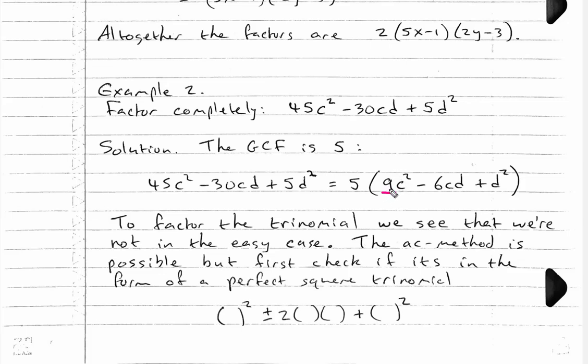But 9 is a square, and also this is a square. So yeah, we can use the AC method, or since these are squares, even better, let's try to match it with the perfect square trinomial template.